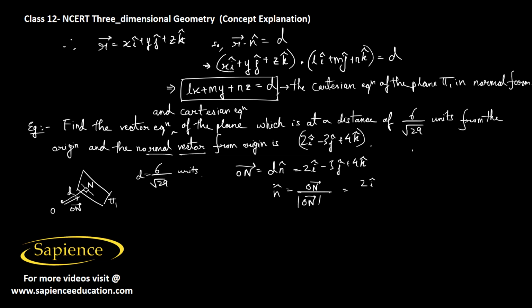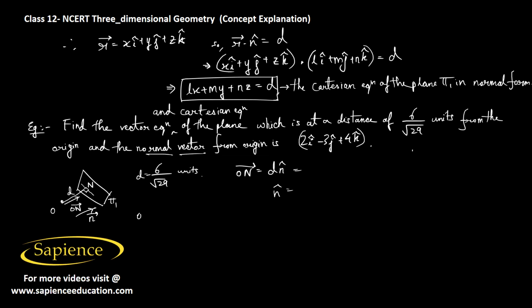Actually, okay, this is actually n vector. Sorry, there is something wrong. Here it is ON vector. Here it is told that it is along the normal vector, which is n vector.